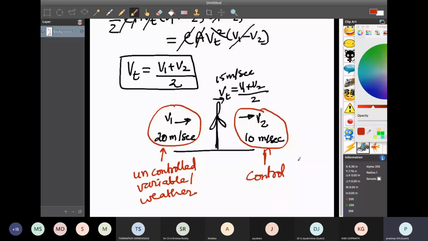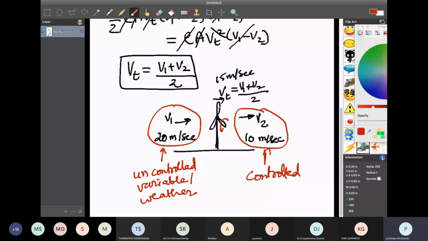Now how to control V2? Simply, if the blades are rotated such that they are not obstructing the wind, then V2 will be more.